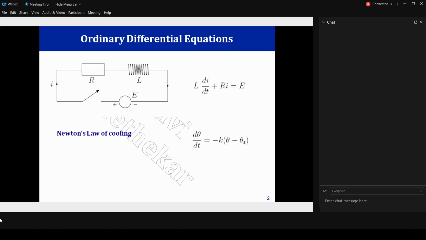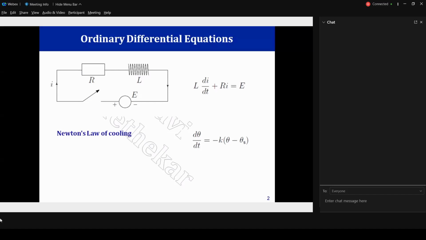So there is also a variation with time. Hence, if I try to model this type of system, I will end up with a partial differential equation. Am I clear? So we end up with ordinary differential equations, partial differential equations, or algebraic equations depending on the system.